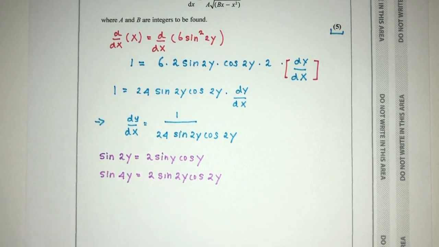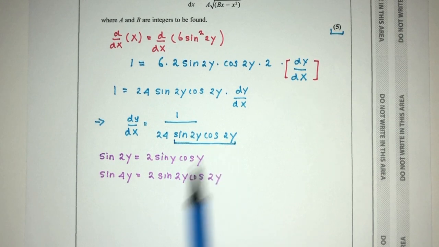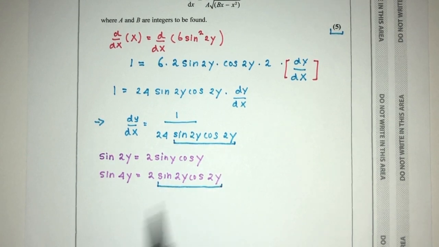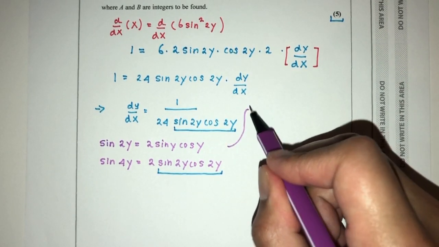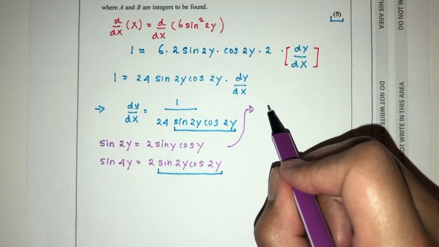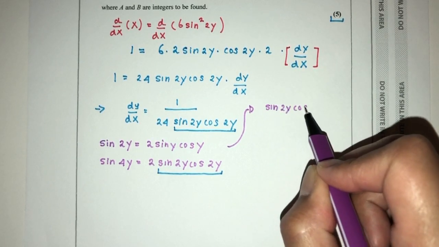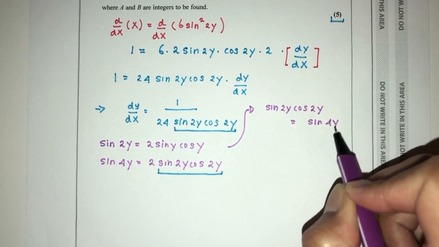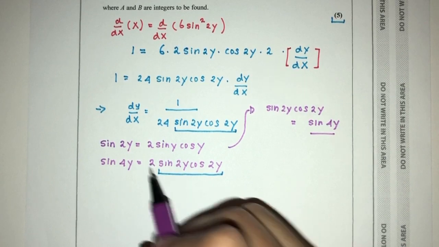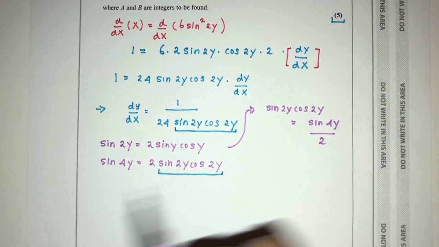Right. The reason why I'm doing this is because you can see clearly here we have this, and here we have this. So we are trying to kind of substitute one into the other. So let's do this. From this, let me write this down here. We realize that sine 2y cos 2y is equal to sine 4y over the value of 2.